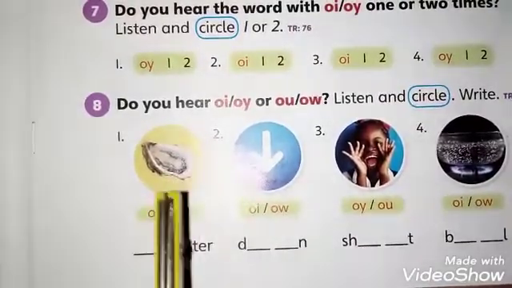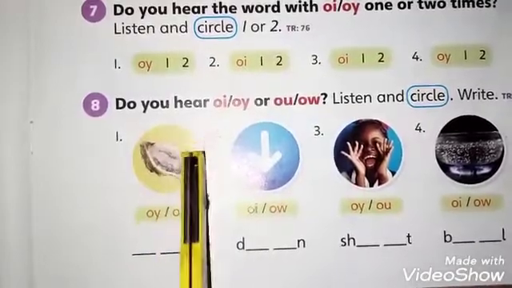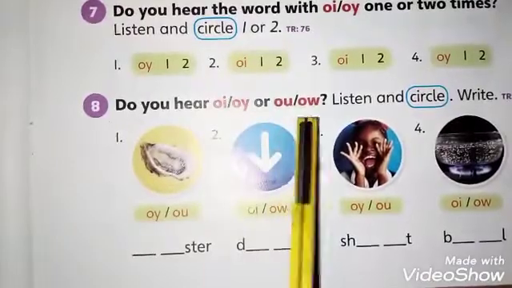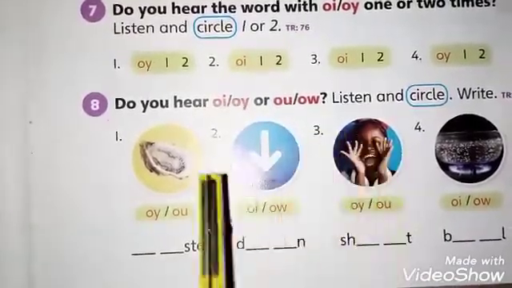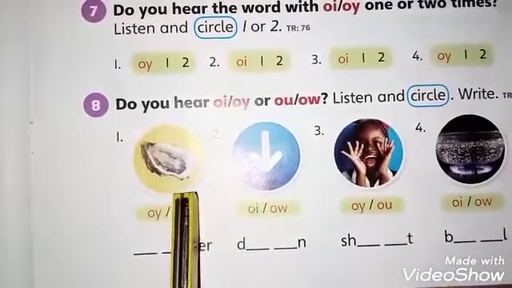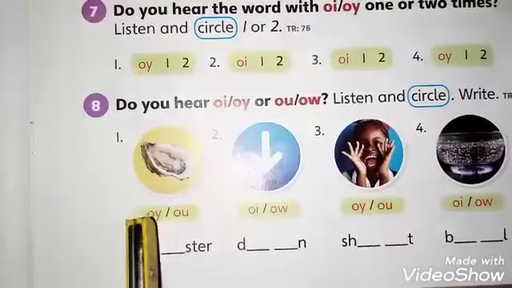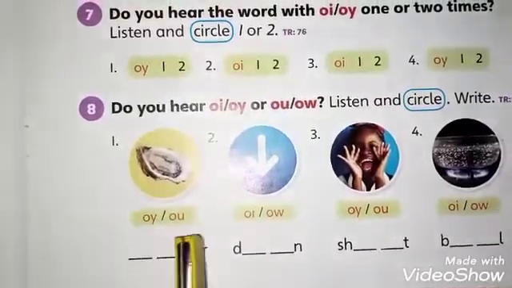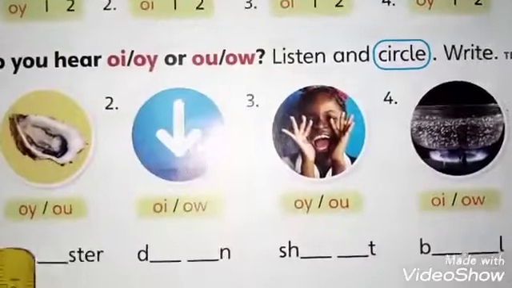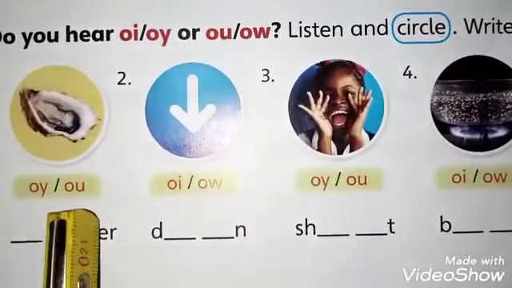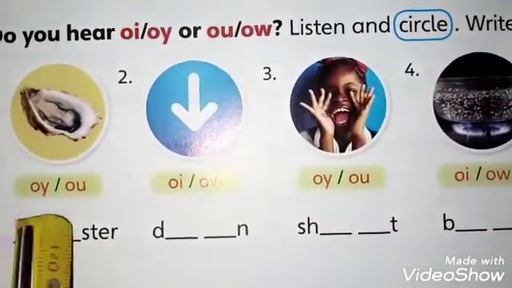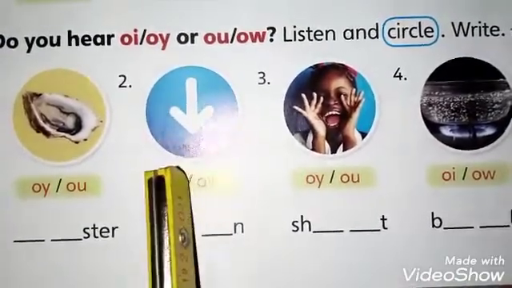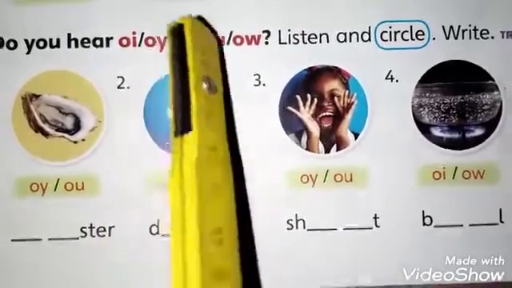Okay, now this place says you have to write whatever you hear. Is it the oi or is it the ow? You're going to write it. Here we have oyster. We have oy and ou. This oy is oi and this ou is ow. So the answer is oy, oyster. And number 2, we have down. Look at this arrow. It's coming down.